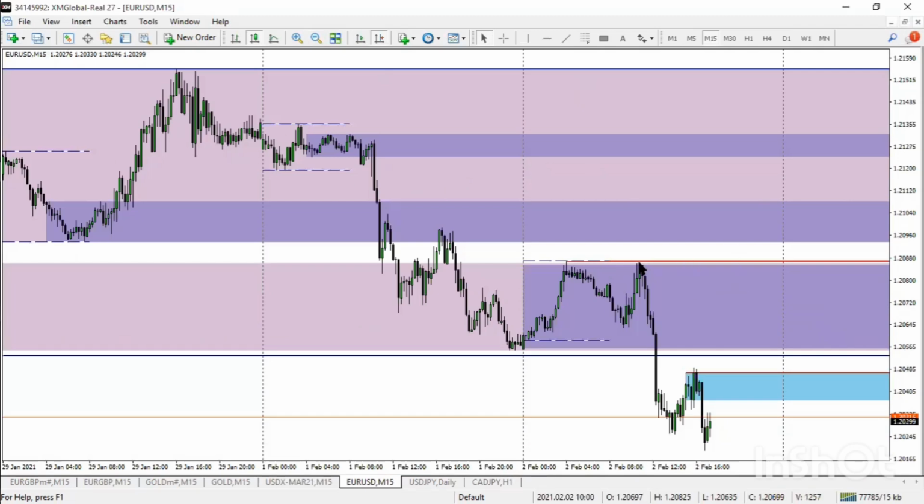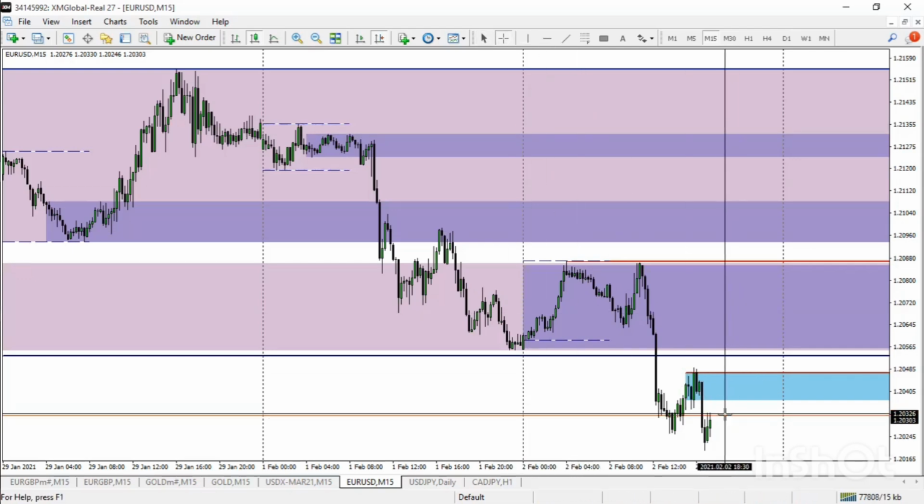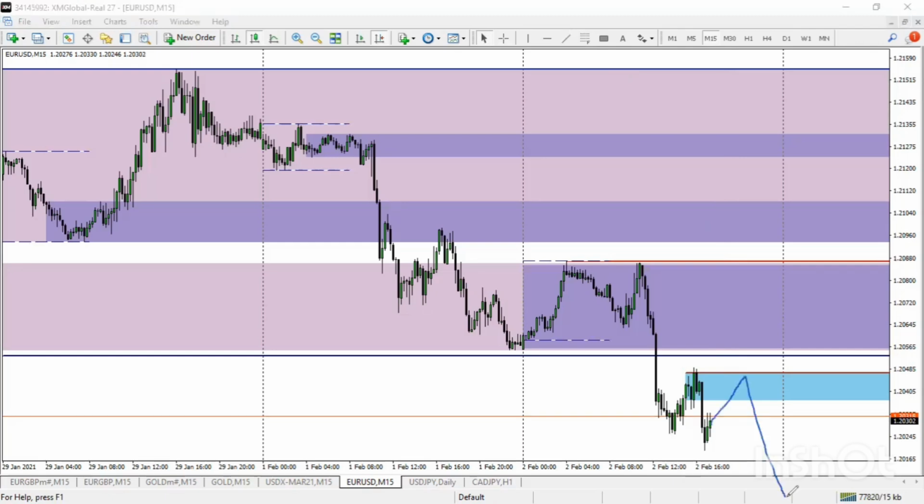I have all this liquidity here. These equal highs here, this mitigation block, and this area here. So depending on what the price wants to do, they can reverse here, but I will have to see what it is, a 15-minute or 5-minute bearish BMS here.